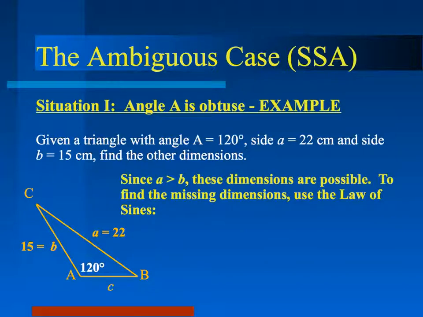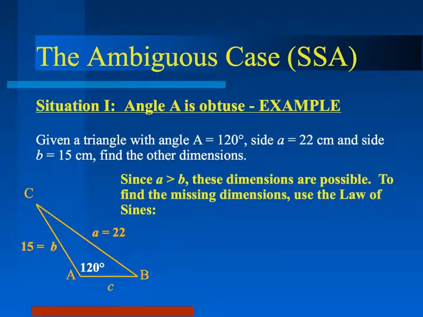So here's an example. We have the angle as 120 degrees, and then little a is 22 and little b is 15. So little a is bigger than little b, and that means a triangle is going to form, and we need to find the missing pieces in here.